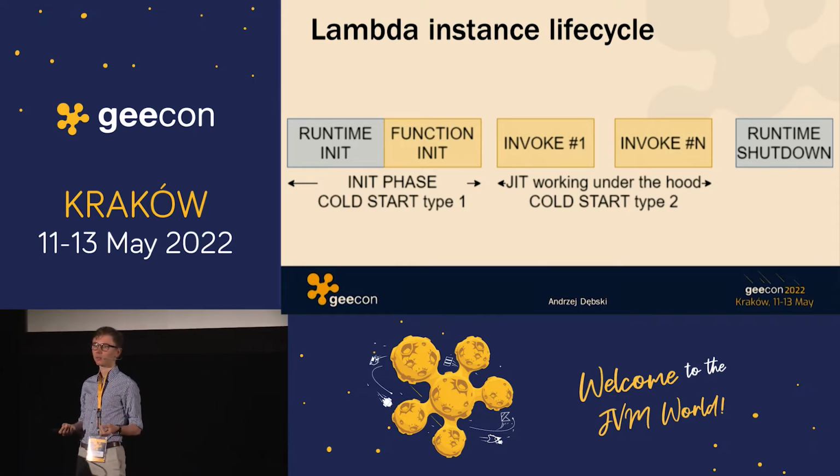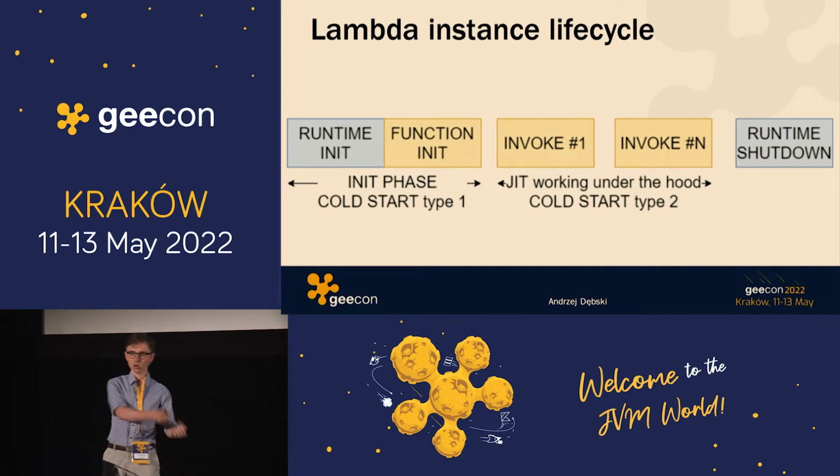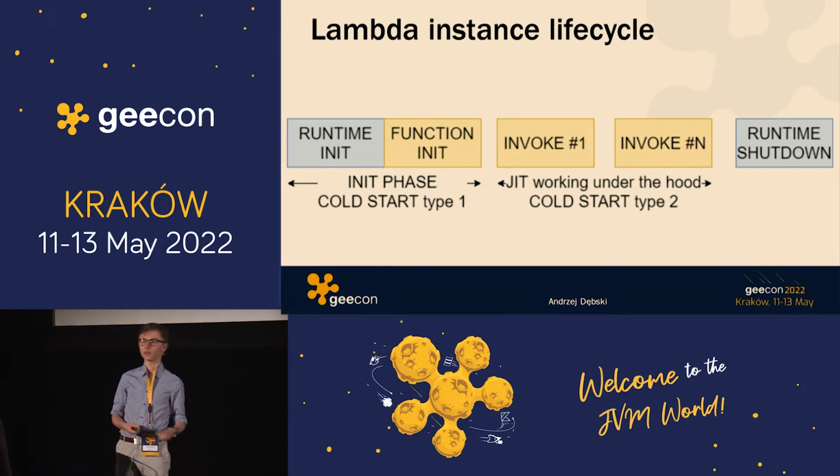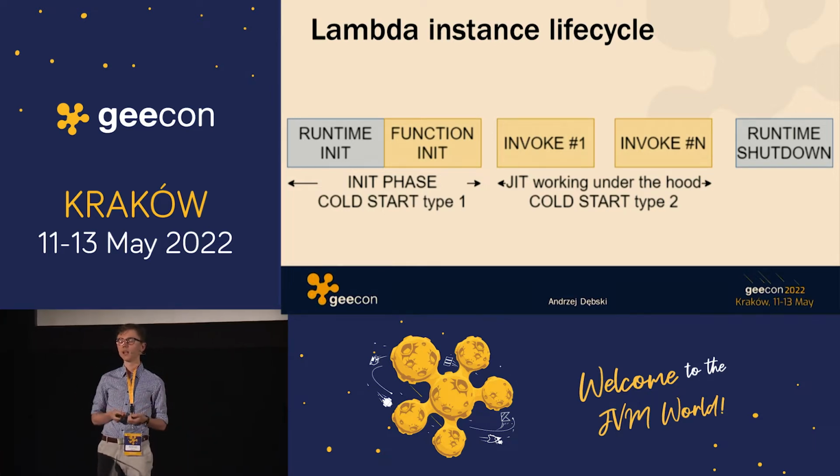So that takes time. And the caller of your Lambda doesn't care that Lambda needs to create an instance. They're just waiting for the response. So that's a cold start, which I've called cold start type 1. This is the standard cold start that you'll read about when you Google cold starts in Lambda.